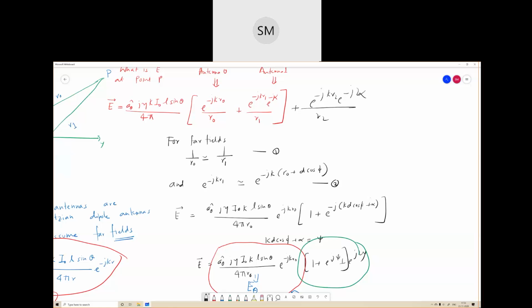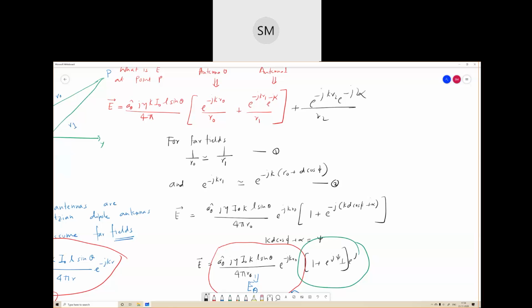If we assume that we had another antenna, we would have another term in the green bracket due to the third antenna, right? Do you agree? Correct. But okay, we don't have, so let us ignore that.